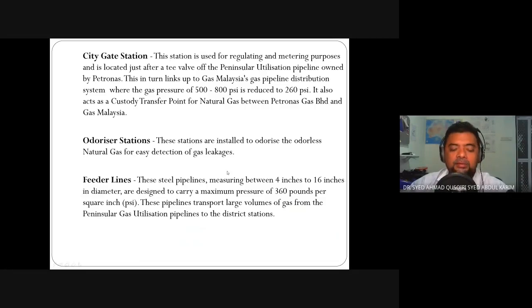Then the feeder lines are steel pipelines, 4 inches to 16 inches, to carry the pressured gases of 360 pounds per square inch. They transport large volumes of gas from the peninsular gas utilization pipelines to the multiple district station facilities.